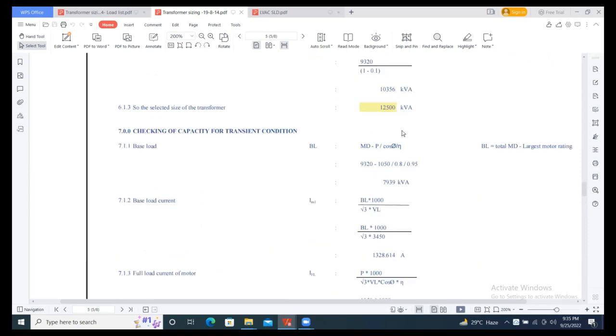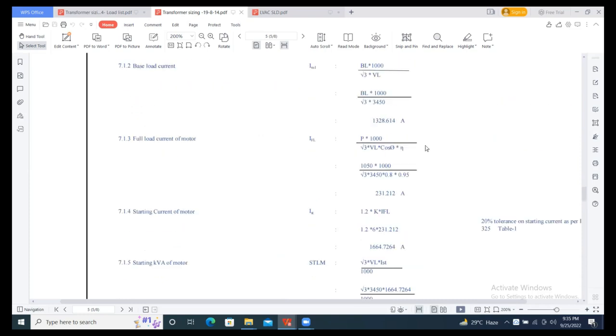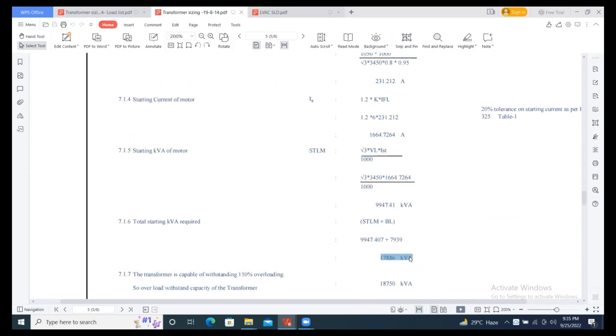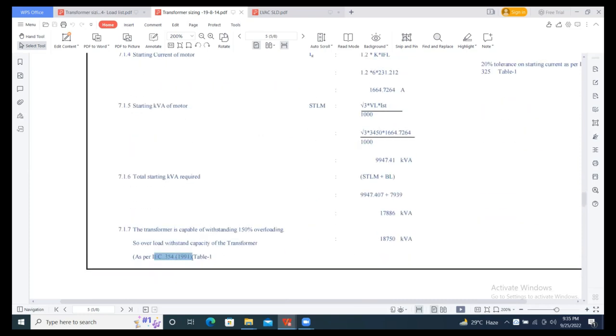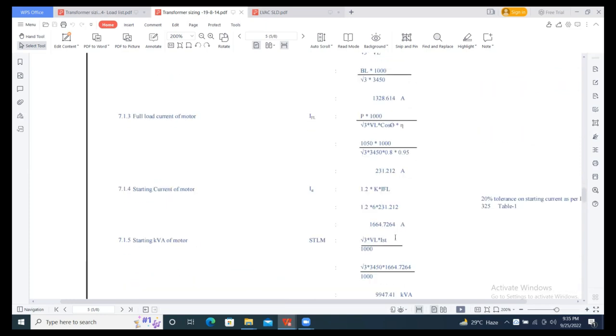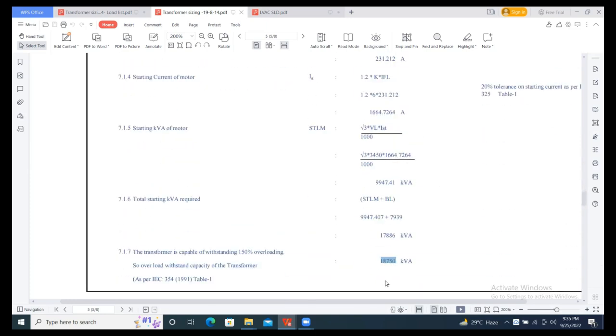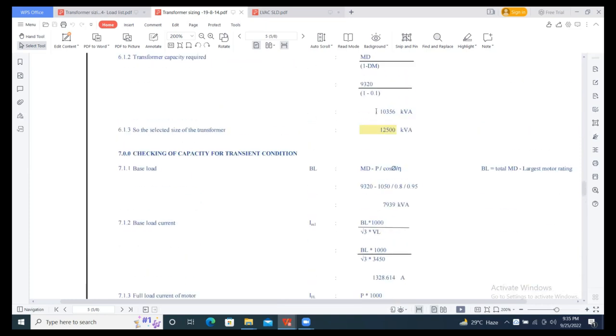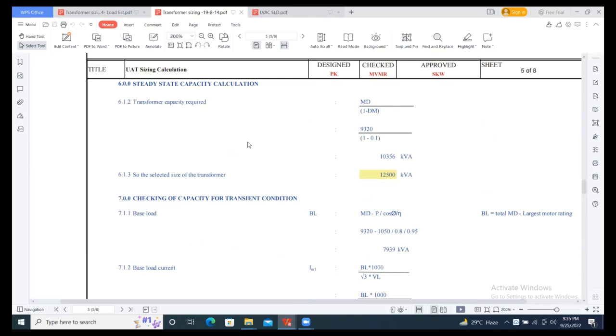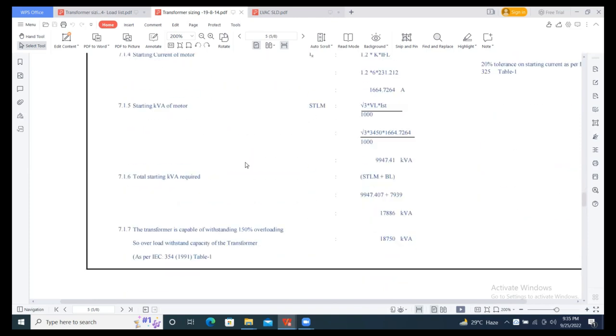Now what I selected is 12.5 MVA, but what I required is 17.86. But in IEEE 354, it was mentioned that this 12.5 MVA can withstand up to 18.75. So 17.88 is less than this. So the selected 12.5 MVA transformer design is quite good for my approach.